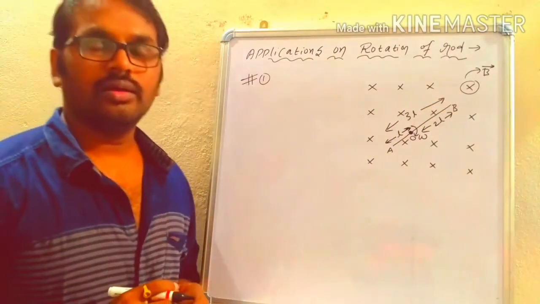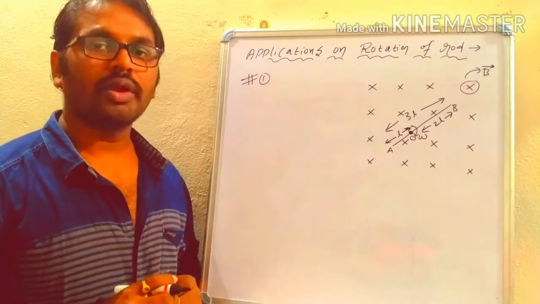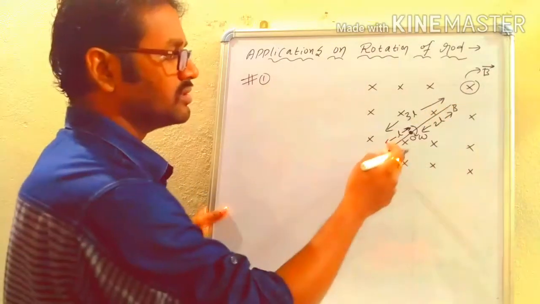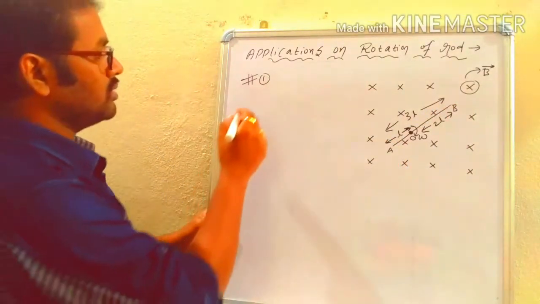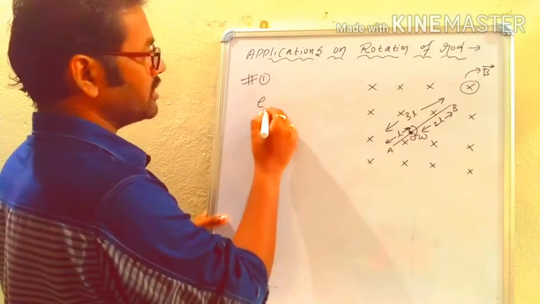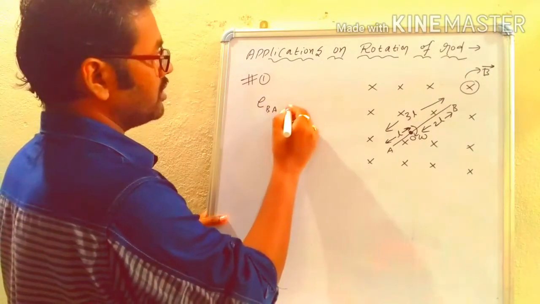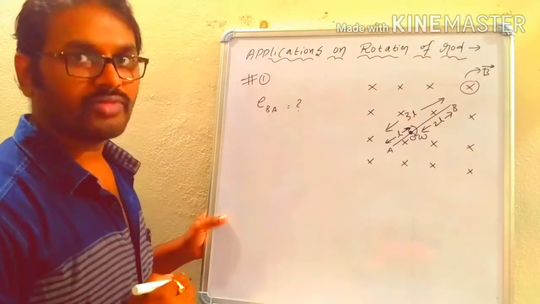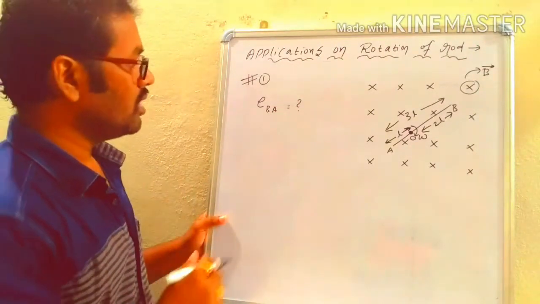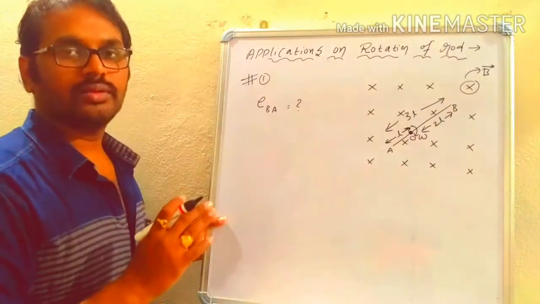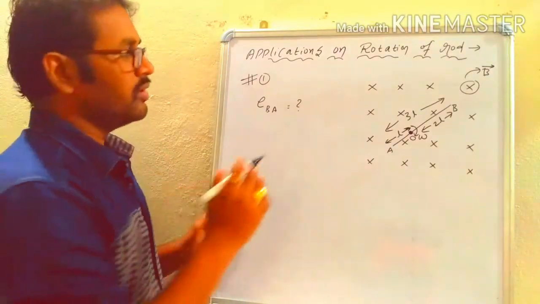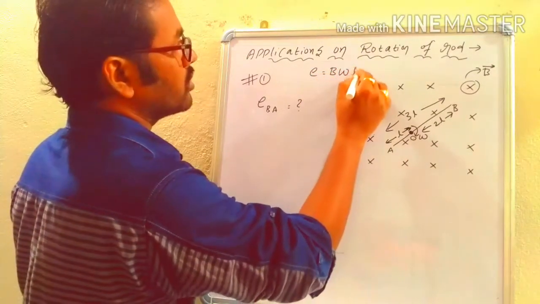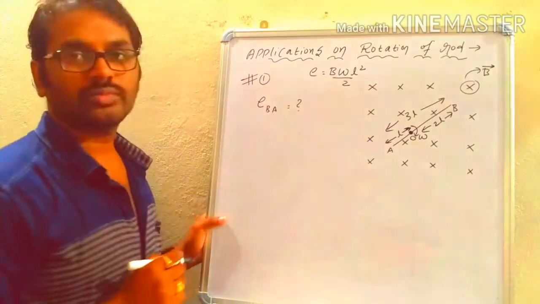Here, we are interested in finding the potential difference across the ends of the rod, which means B to A. So what we need here is E_BA, the EMF induced across the entire length of the rod. In order to find this, we use the result E equals B omega L square divided by 2.